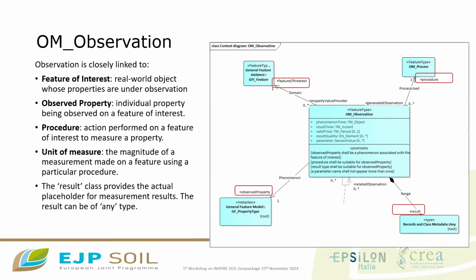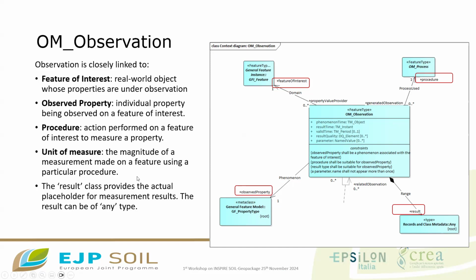Then it is linked to the observed property, that is the individual property being observed on a feature of interest, described through a specific metaclass, and linked as well to a procedure, that is the action performed on a feature of interest to measure a property.